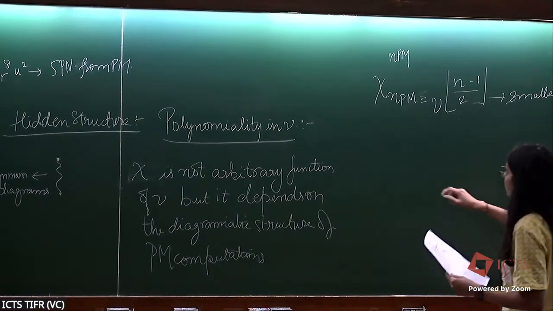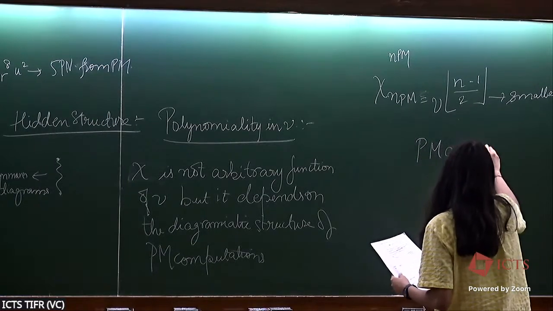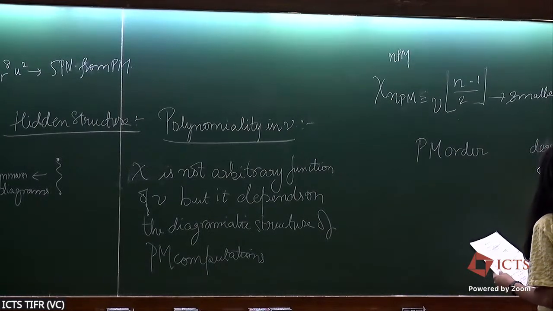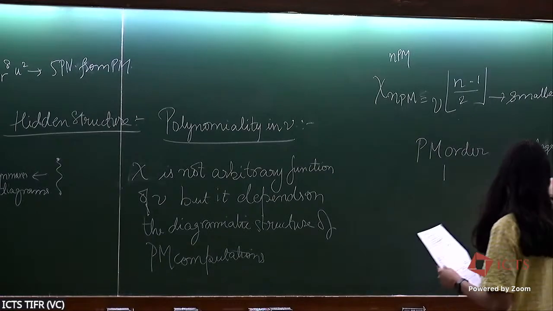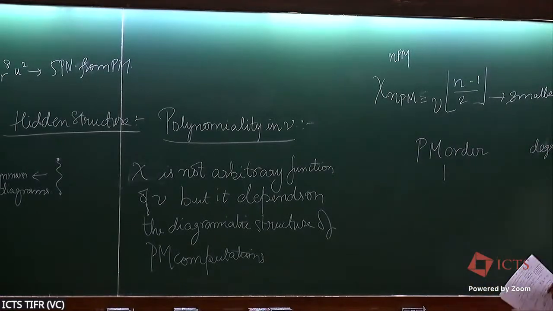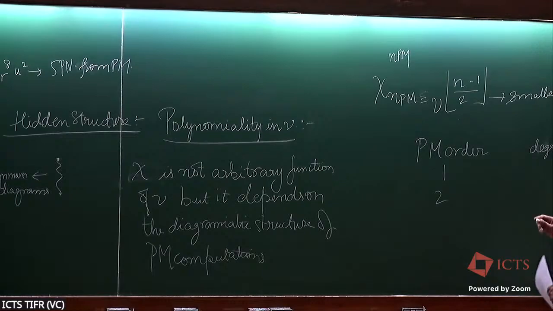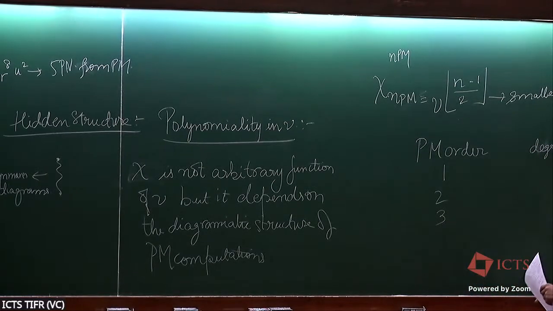So what does that imply? If I consider some PM order and see the degree of nu, what I obtain is at 1PM order, it is a polynomial of nu to the 0. So it is independent of nu. At 2PM order, it's also independent of nu. At 3PM order, it can only depend linearly on nu. At 4PM order, it can depend linearly on nu, and so on.